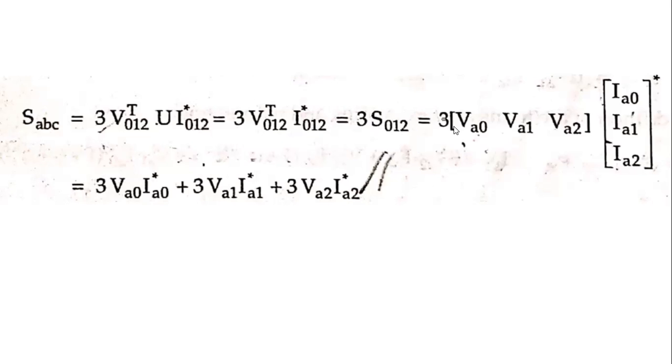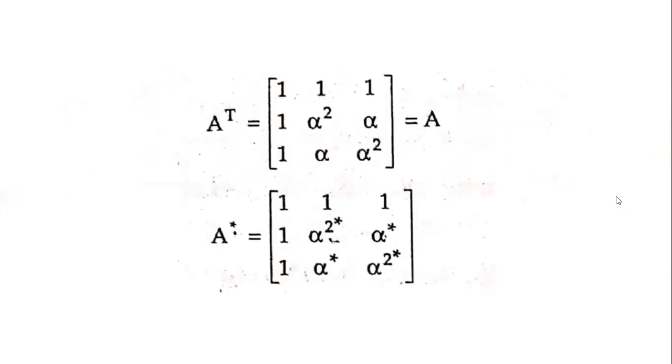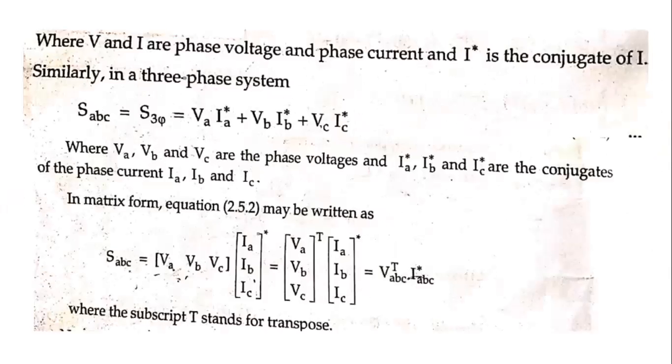Therefore S012 means VA0, VA1, VA2 into IA0, IA1, IA2 conjugate. SABC is equal to VA, VB, VC into IA, IB, IC conjugate.